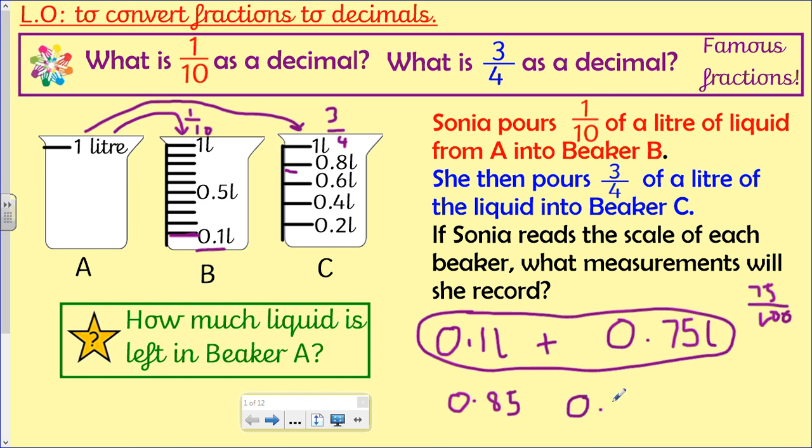It's 0.15. Okay, if I add on 5 hundredths, that gets me to 0.9, and then another tenth will get me to 1 whole. So, what was the question? Sorry, how much liquid is left in beaker A? 0.15 litres. Okay, right, anchor task done.